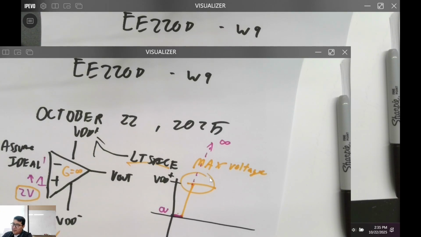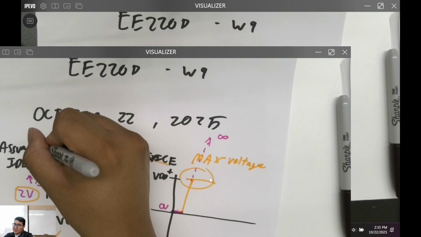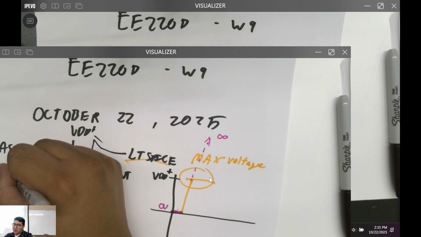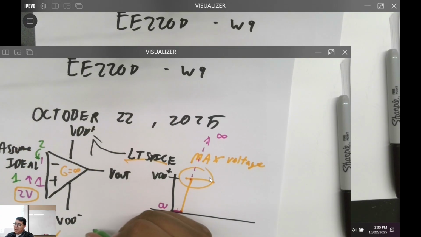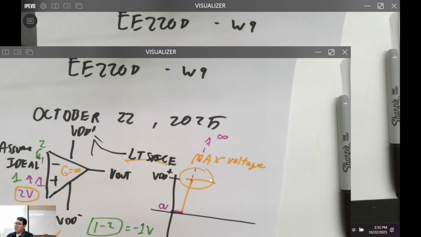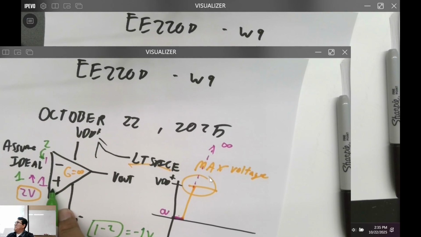And then, same thing if you do the following. Let's do 2 volts over here and 1 volt over here. Then you got 1 minus 2, minus 1 volt, the difference. If I put 2 volts at the minus and 1 volt at the plus, we're going to get a negative 1 voltage.